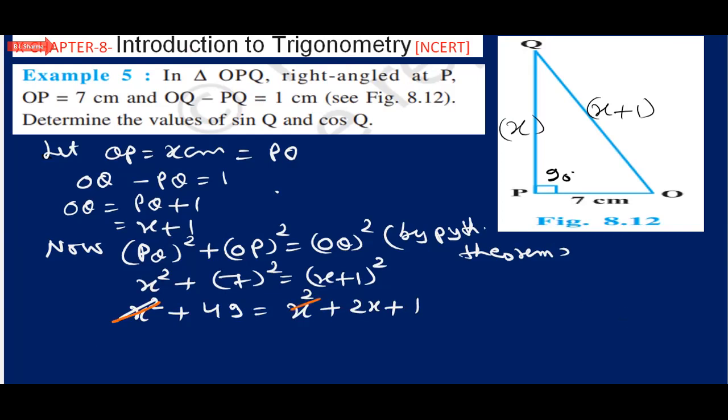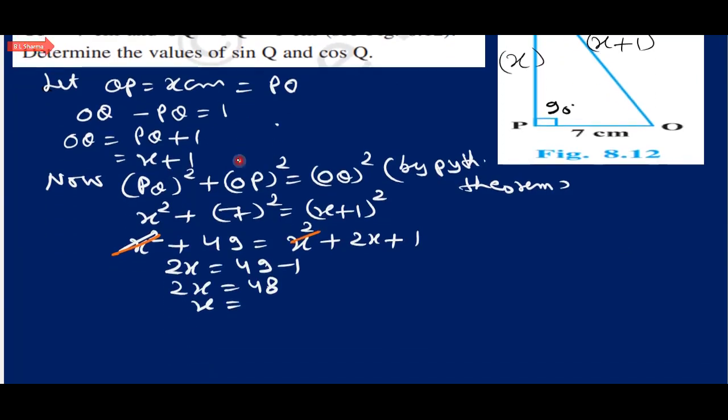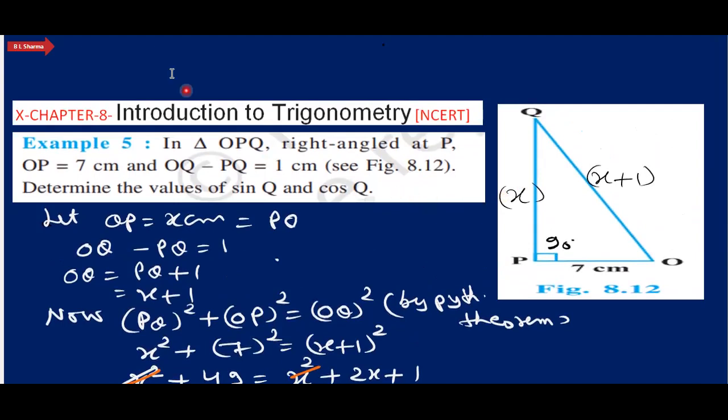So we can write 2X is equal to 49 minus 1, 2X is 48, or X is 48 by 2, that is 24. So here student, ये x 24 है. So this X means 24, and this will be X plus 1, that is 25, and that is 7 सेंटीमीटर.